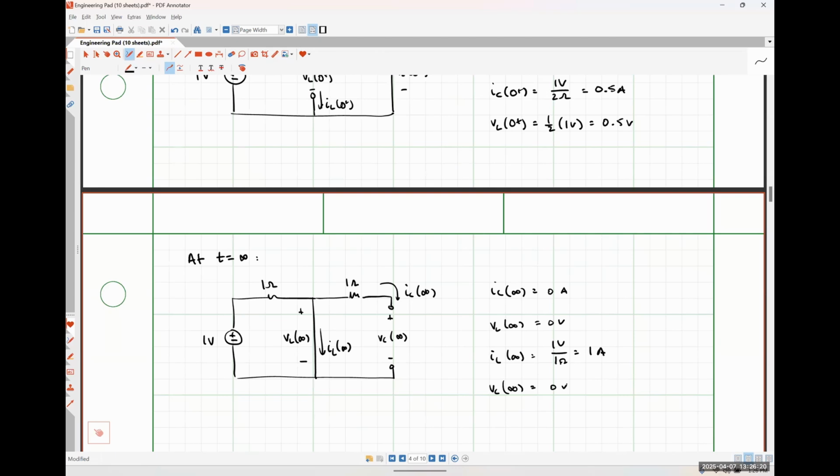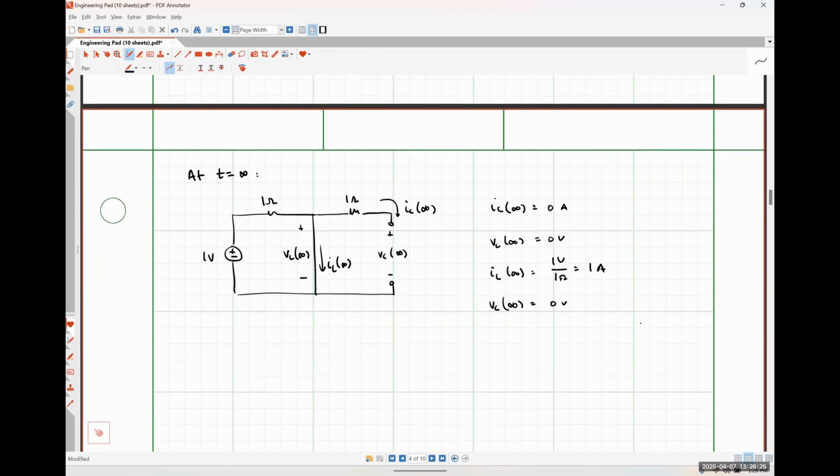So, all right. S1 for this system, because we found that it was overdamped, is negative alpha plus the square root of alpha squared minus omega naught squared, right?